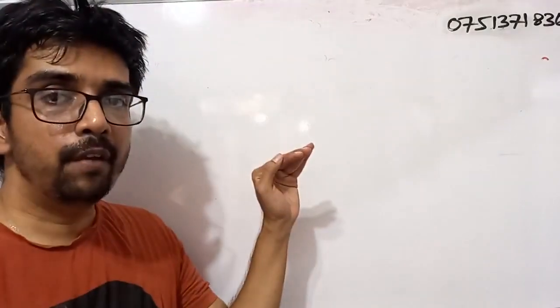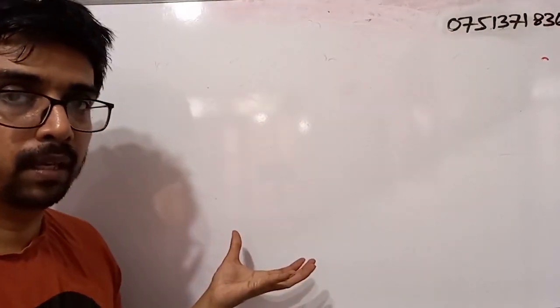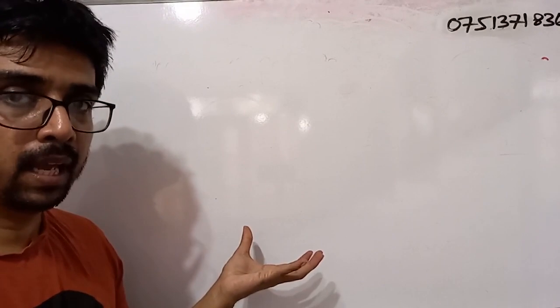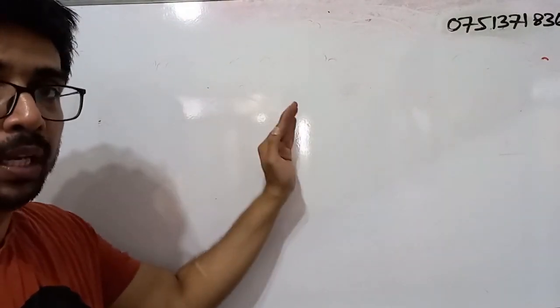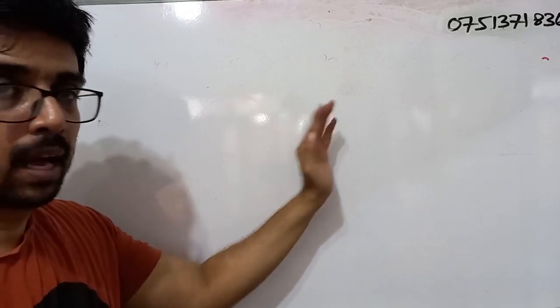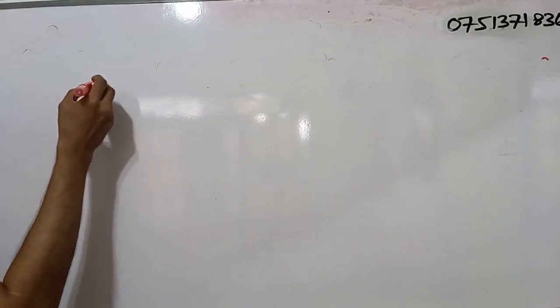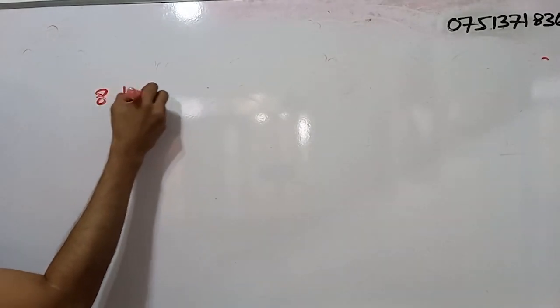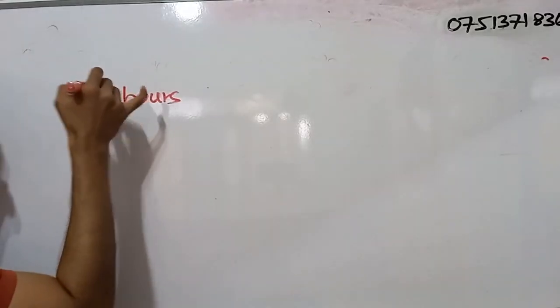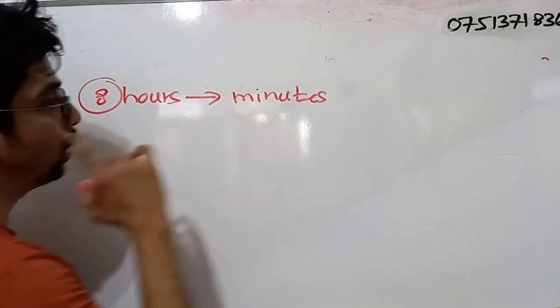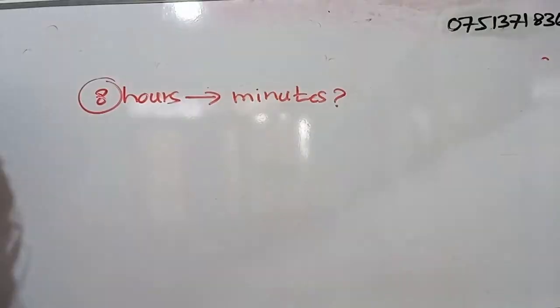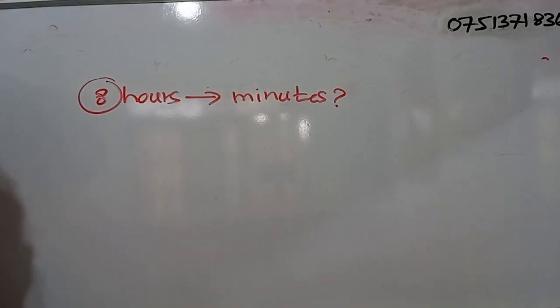Now we will use the same principle, the same theory, and apply it to conversions between hours and minutes. So imagine that you have been given 8 hours, and we have to convert 8 hours into minutes.